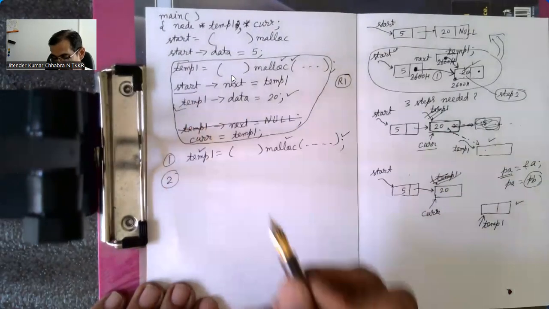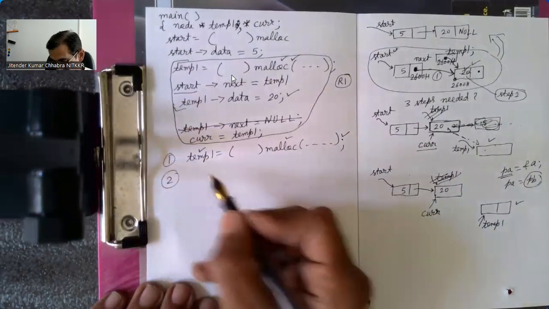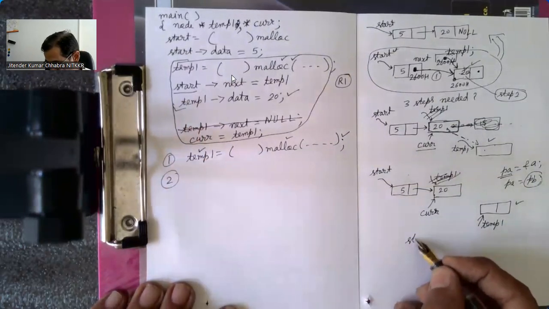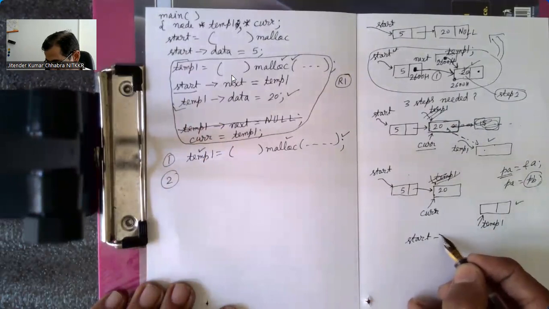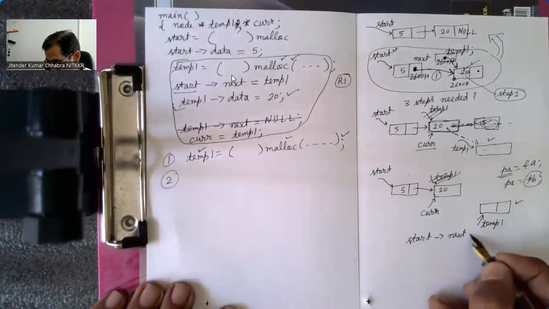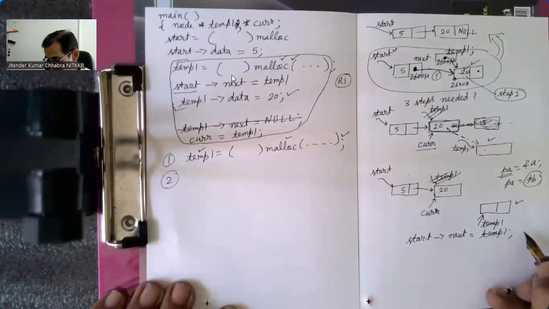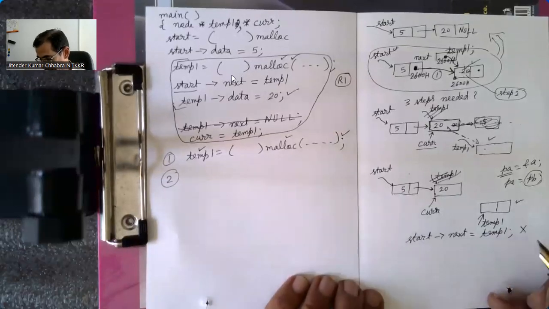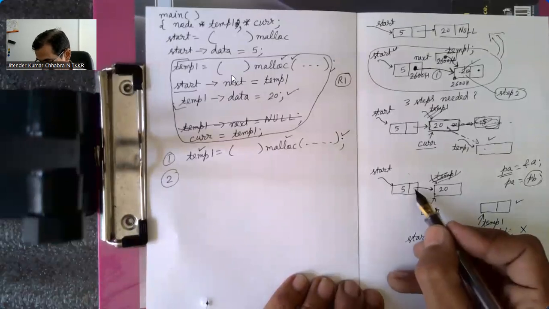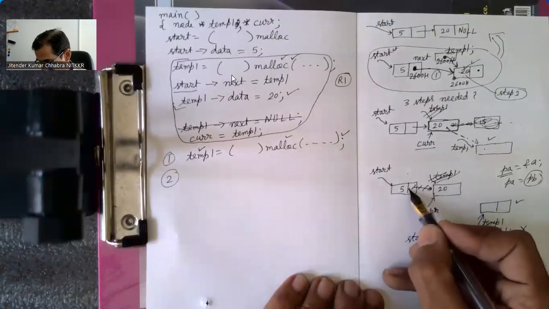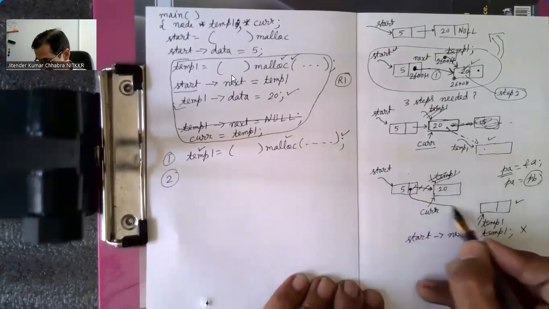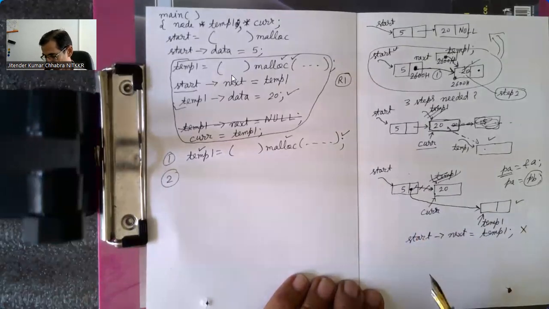Earlier I wrote start arrow next. If I write now start arrow next equal to temp1, it will actually be making something wrong. What will happen? Start arrow next will mean this address changes and this points to this. But I lost 20 in between.